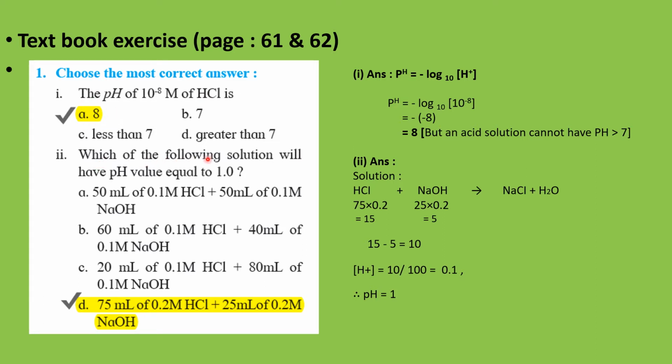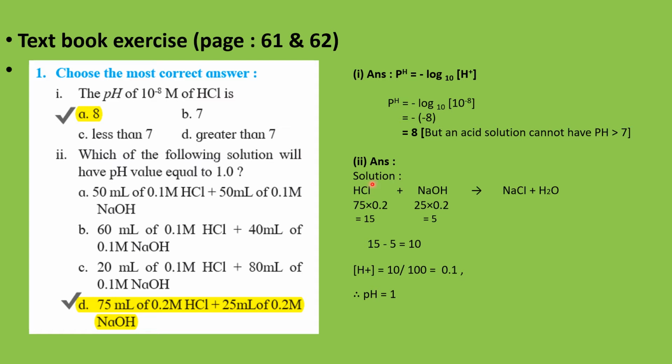Second, which of the following solution will have pH value equal to 1? The correct option is D, that is 75 ml of 0.2 molar HCl plus 25 ml of 0.2 molar NaOH. How the answer pH is coming 1 is given here.